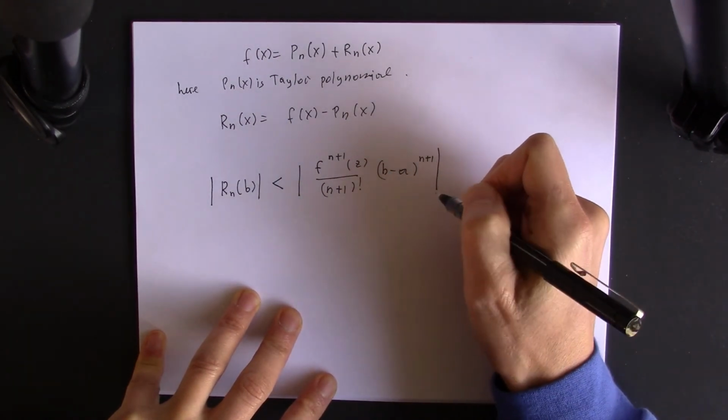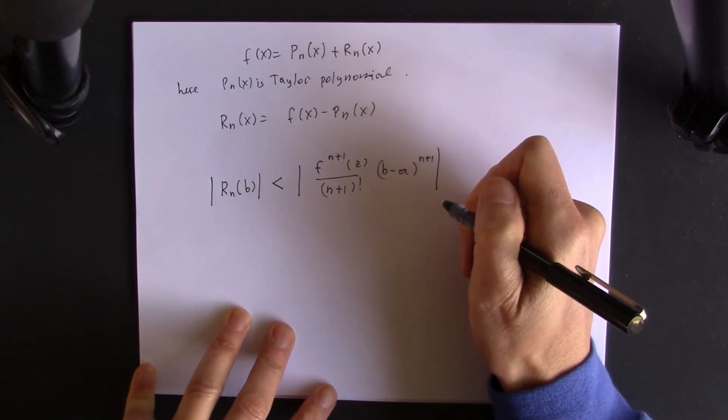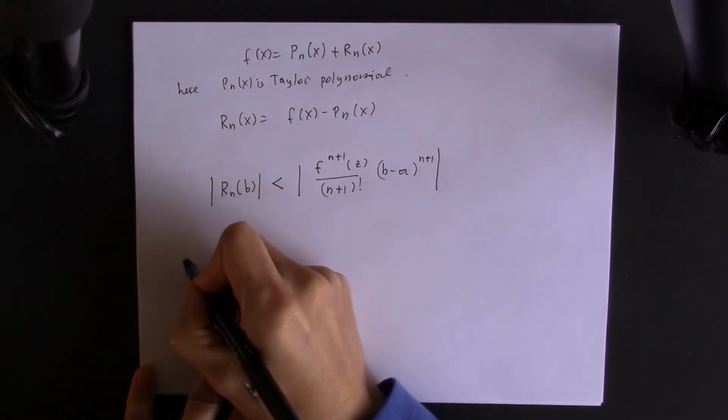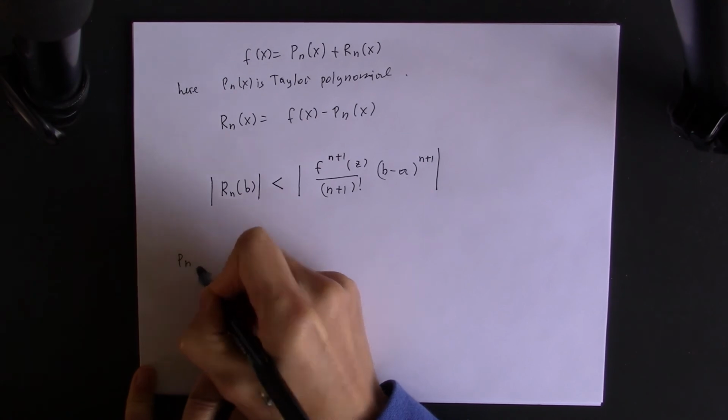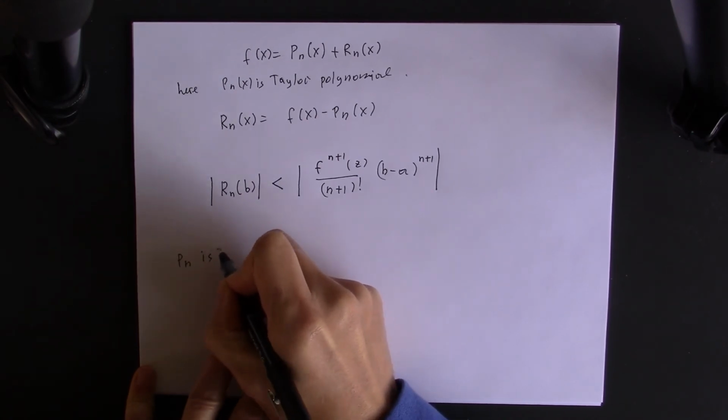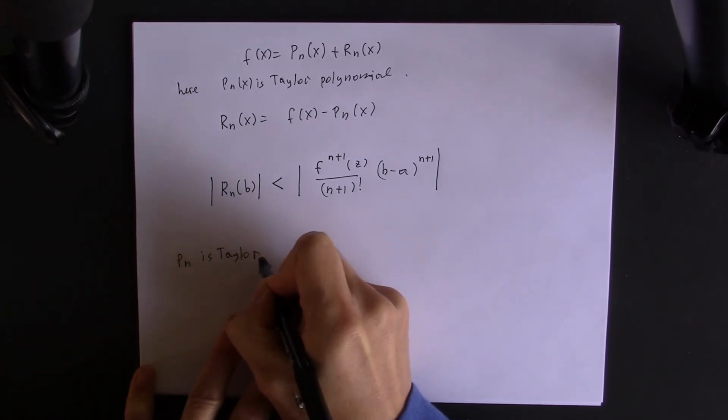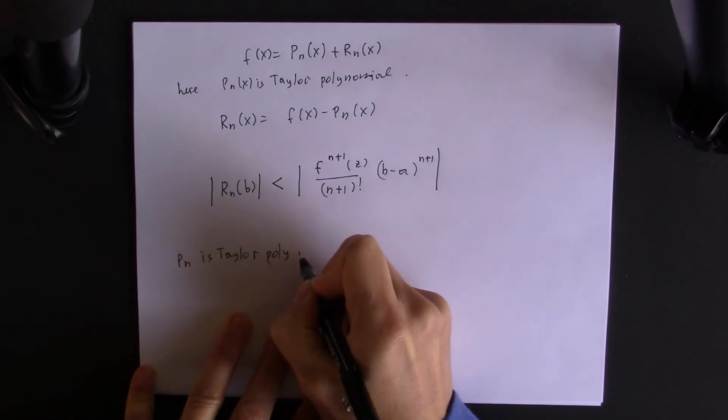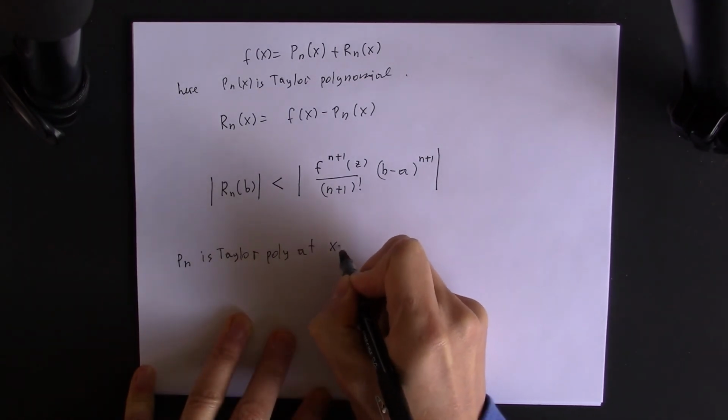Here we're assuming that Pn is the Taylor polynomial at x equals a.